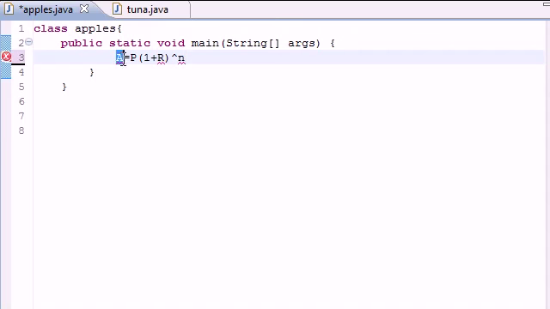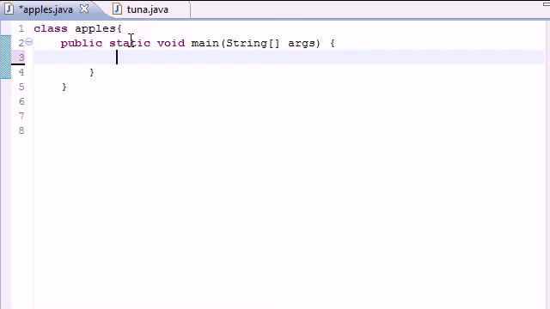So we want to solve for A: P is 10,000, times 1 plus 1% to the power of n, the number of years.